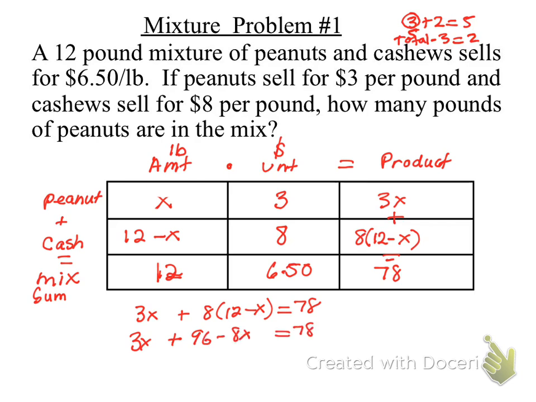I'm going to end up with minus 96 minus 96. Be careful when you're doing this. 96 minus 78. Don't try and add and subtract upside down. Notice the bigger number is on the bottom. So I get 18.